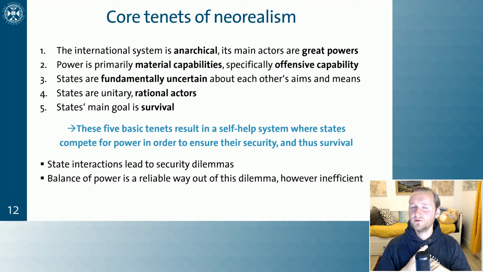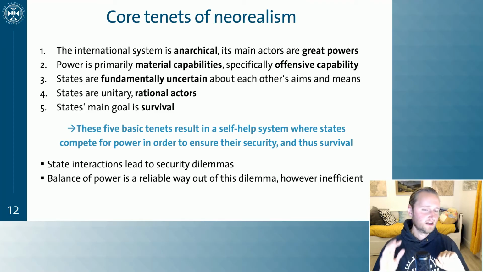And the main actors that we're looking at are great powers. Forget about Monaco, forget about Austria, forget about New Zealand. What really matters are the great powers. So the states that are the most powerful and that have, number 2, the most material capabilities. So realists are obsessed with counting physical objects.